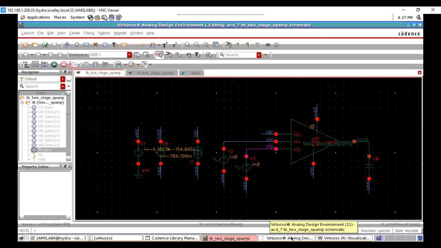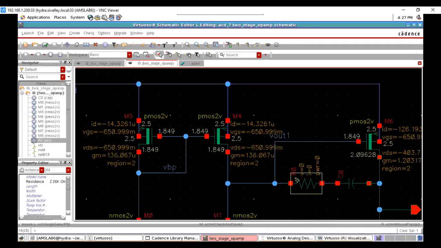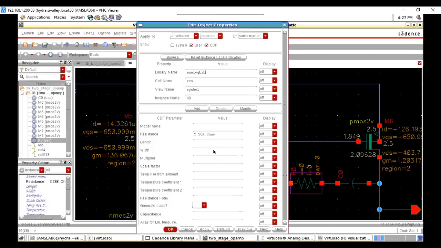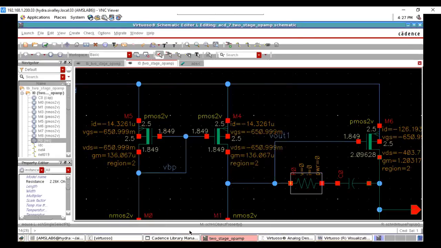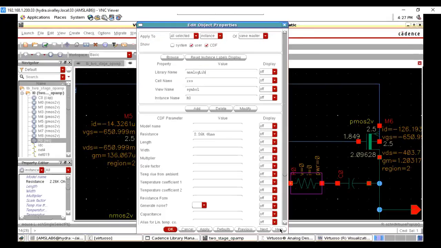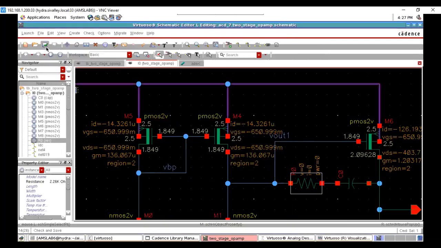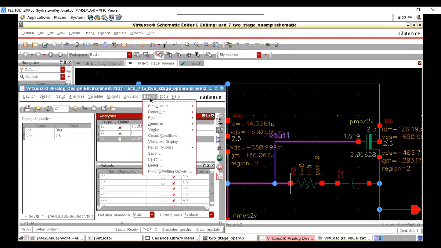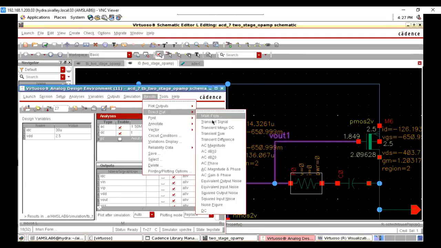Now let me run this with the newer value. The newer value I have put here is 5.26K. This is what we got, right? Sorry, 2.26. Correct, CC? Yes.